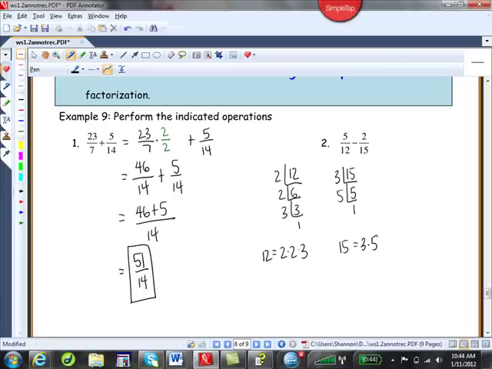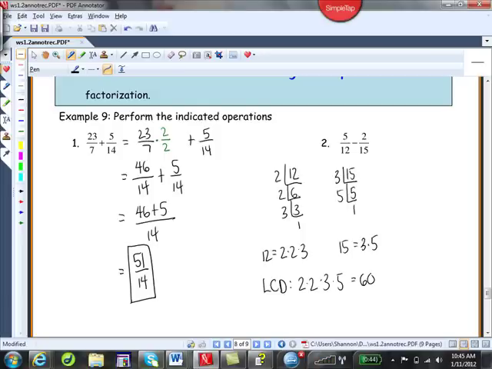So our LCD is going to be 2 times 2, because 2 occurs twice there. 3 just occurs once in each of them, so we'll just put it once. 5 occurs once in this one. So our LCD will be 2 times 2 times 3 times 5, which is equal to 60.